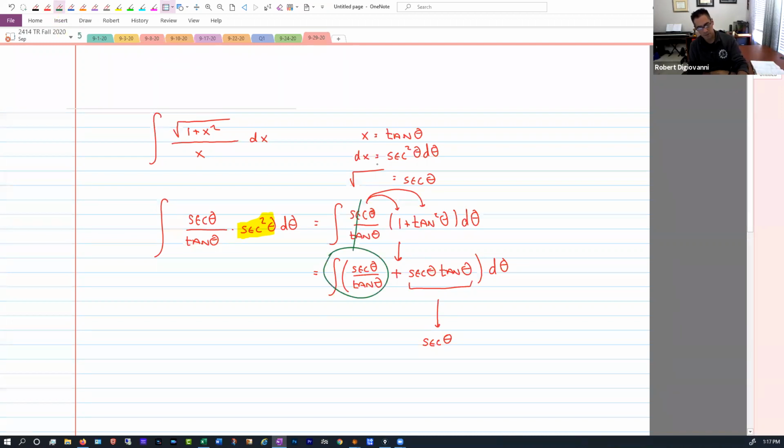So this is 1 over cosine theta over sine over cosine. And then when you flip this one up, the cosines cancel. You get 1 over sine, which is cosecant theta.